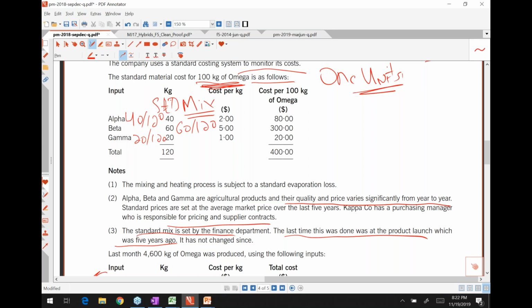So I can say that, for example, the total input per unit is 120. So out of this 120, 40 should be alpha, which is standard, and 60 should be beta, and 20 should be gamma. So "should be" means this is the standard.